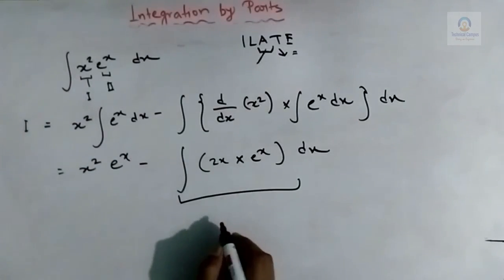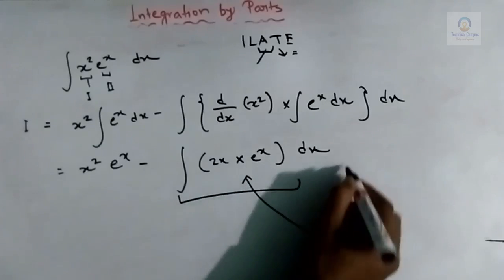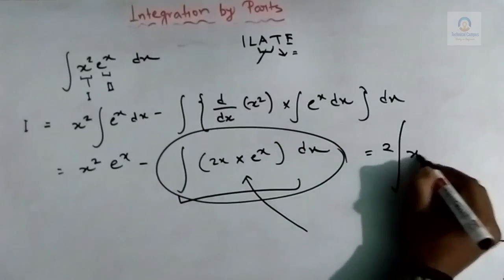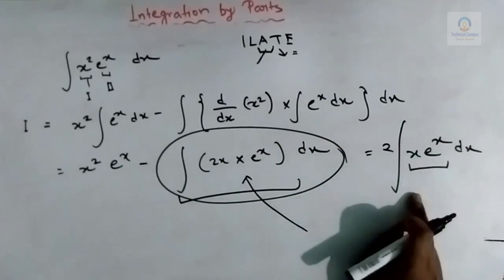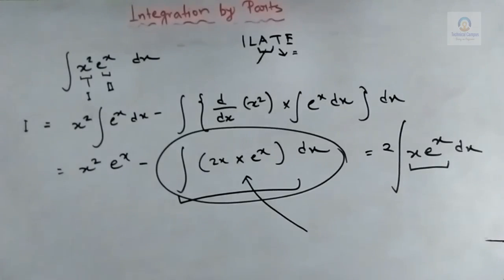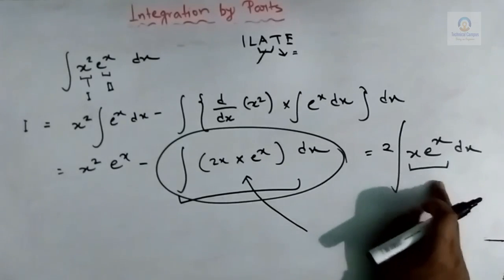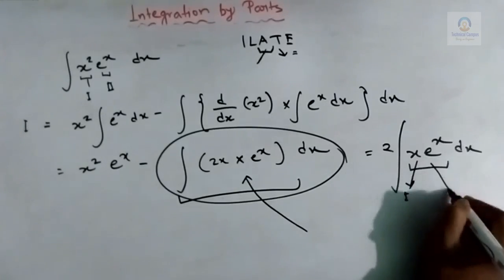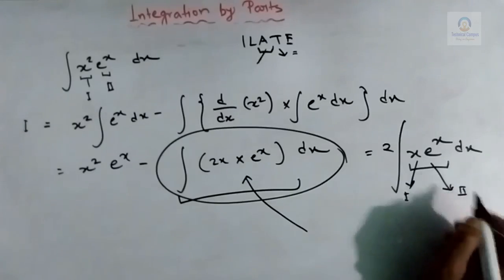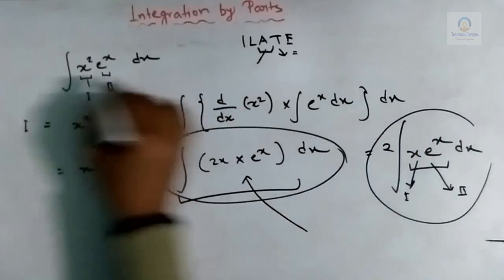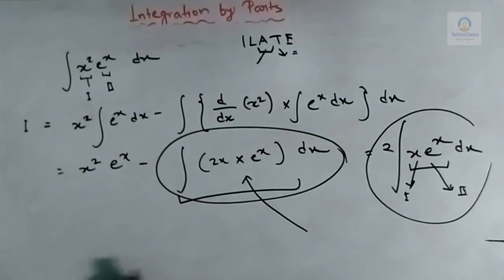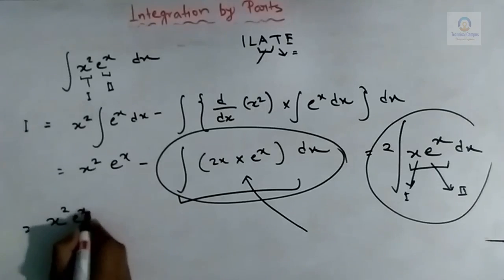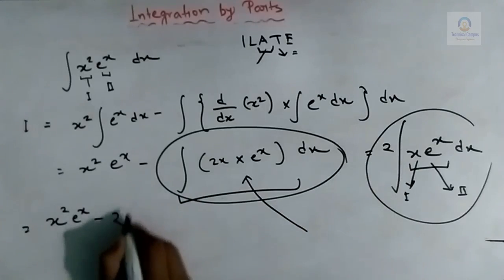So we have to apply integration by parts in this term, because if we write this term it will be e^x into x dx. Here we have an arrangement in which we have to calculate the integration of the product of the functions x and e^x. So this is algebraic, so we will consider this as the first function and this will be the second function. If we separately integrate it by the formula of integration by parts, it will remain as it is minus, so let's take 2 outside.